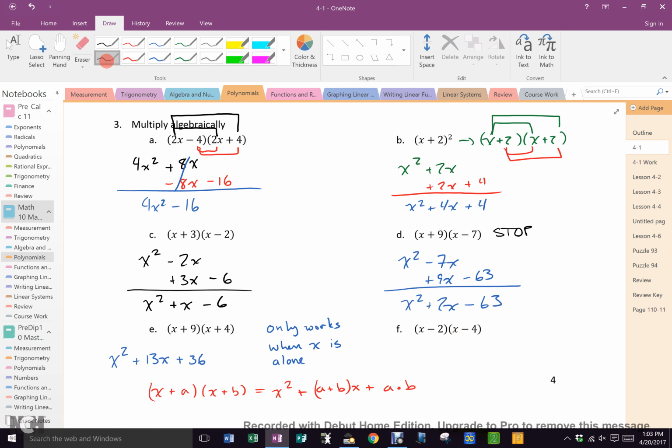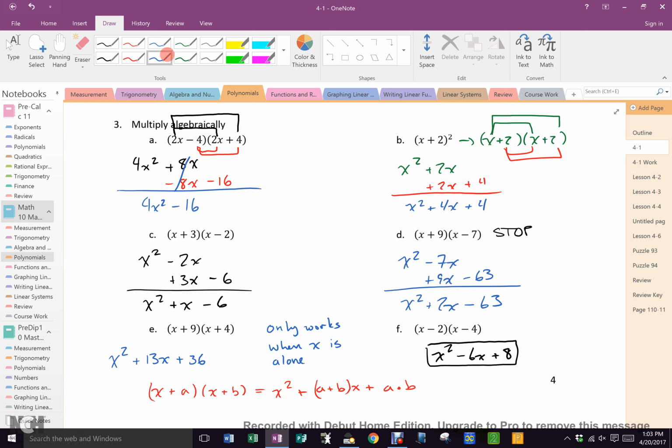The first number is going to be x squared like it always is. Then what do? Negative 4 and negative 2, which is negative 6, minus 6x, and then times, what's negative 2 times negative 4? Positive 8.